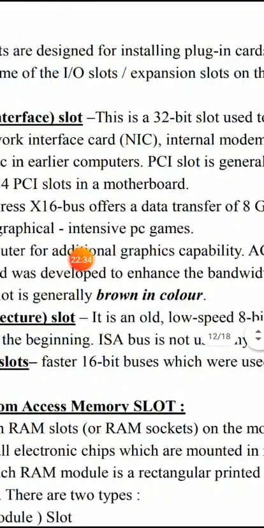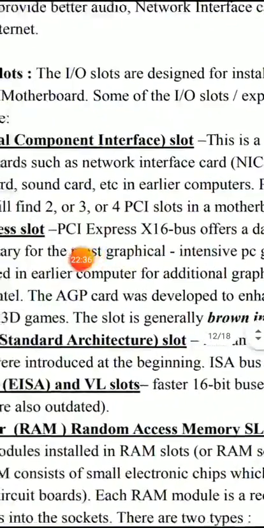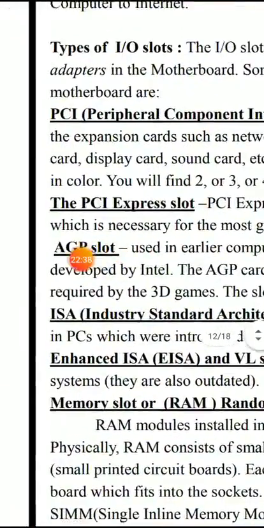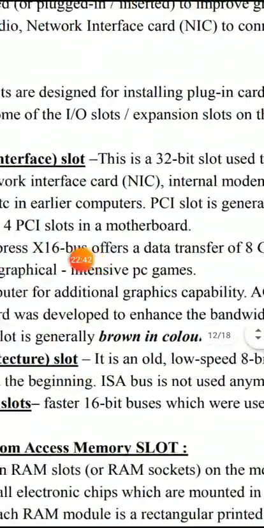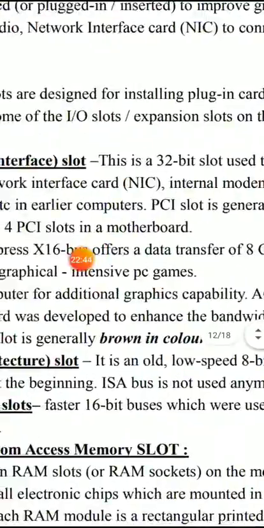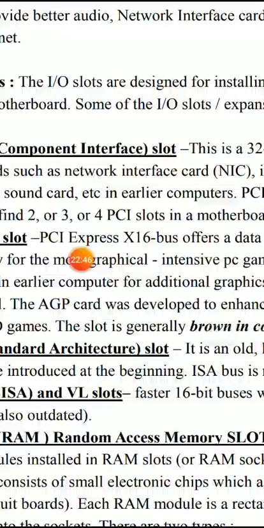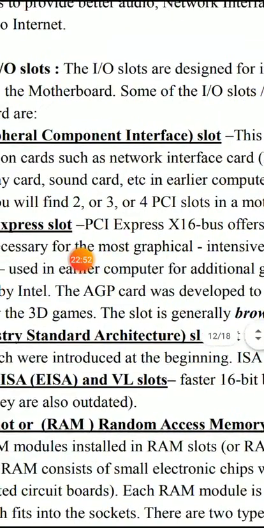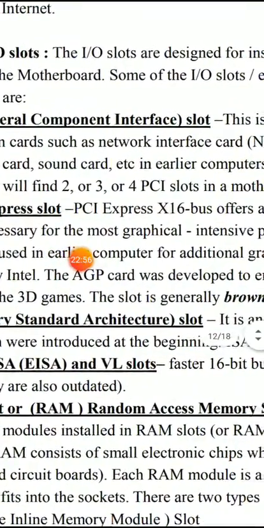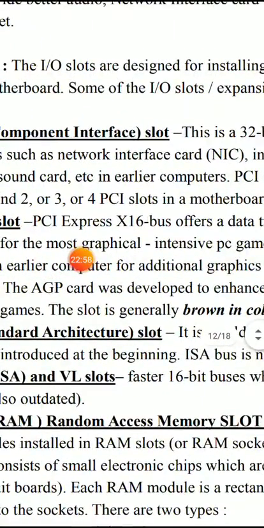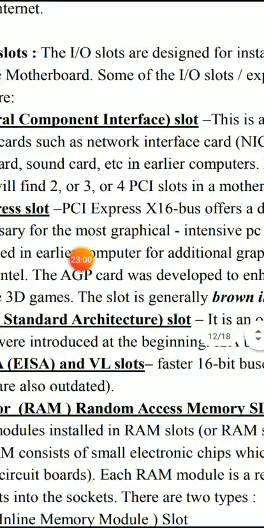This is a 32-bit slot used to install expansion cards such as a network interfacing card, internal modem, TV tuner card, and other such devices that can be interfaced with the computer system. Usually on a computer system we will find 2 or 3 or 4 PCI slots on a motherboard.